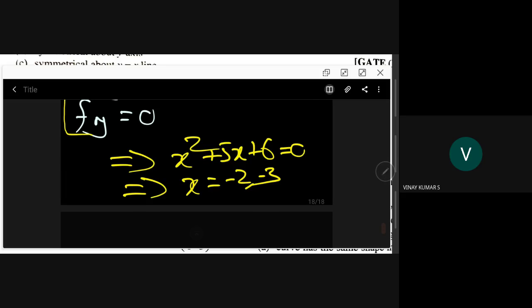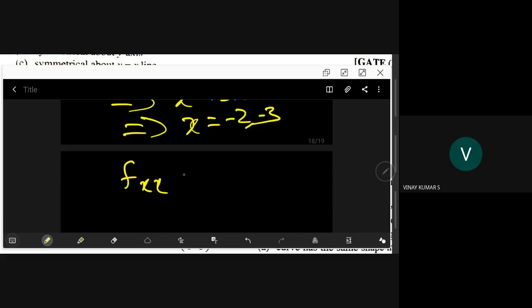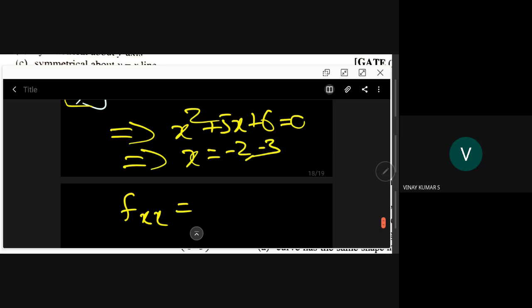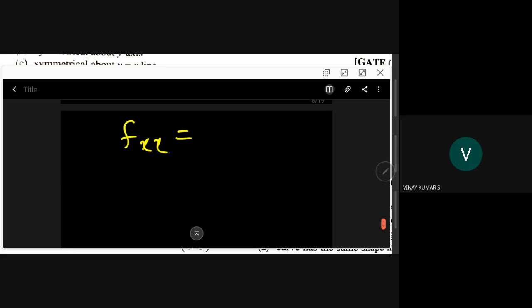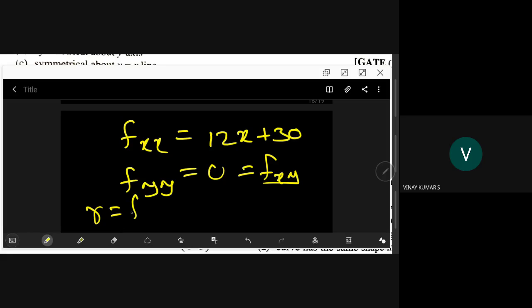So now we need to calculate r, that is fxx. Fxx is 12x plus 30. And fyy is anyway 0. Fxy is also 0. Fine. So now r is equal to fxx at (a, b). B is anything.